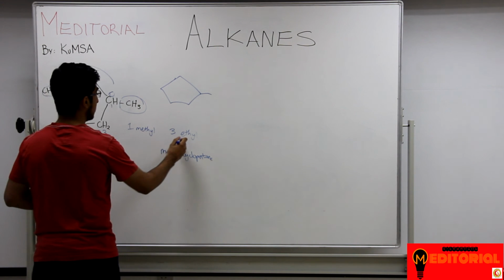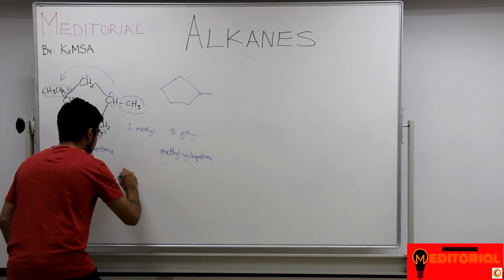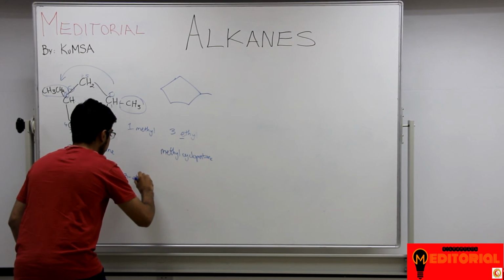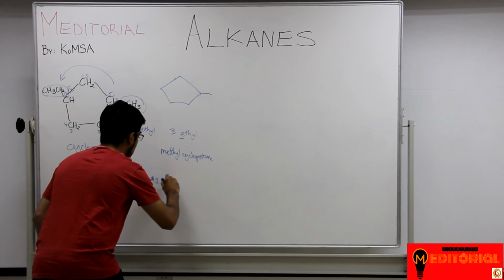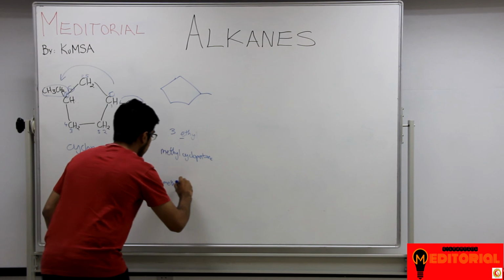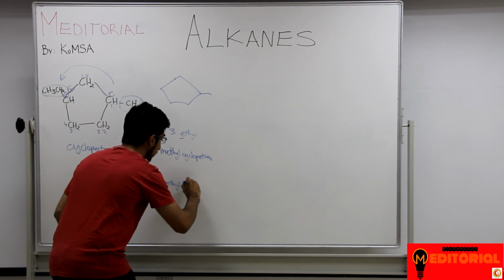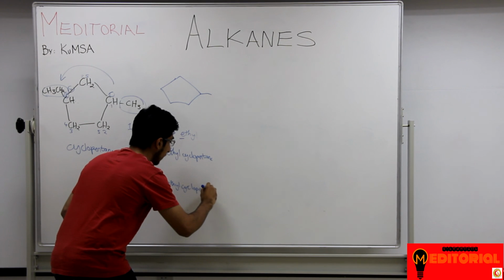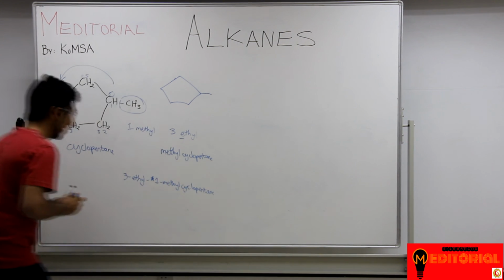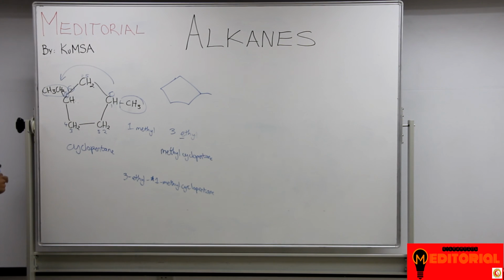So E comes before M. So I'm going to write 3 ethyl, 1 methyl, cyclopentane. And that is how you name cycloalkanes.